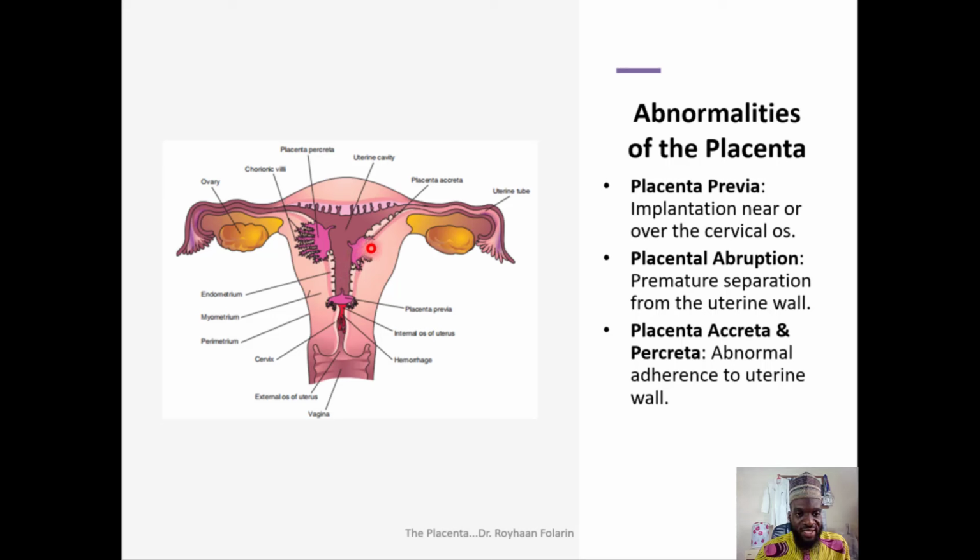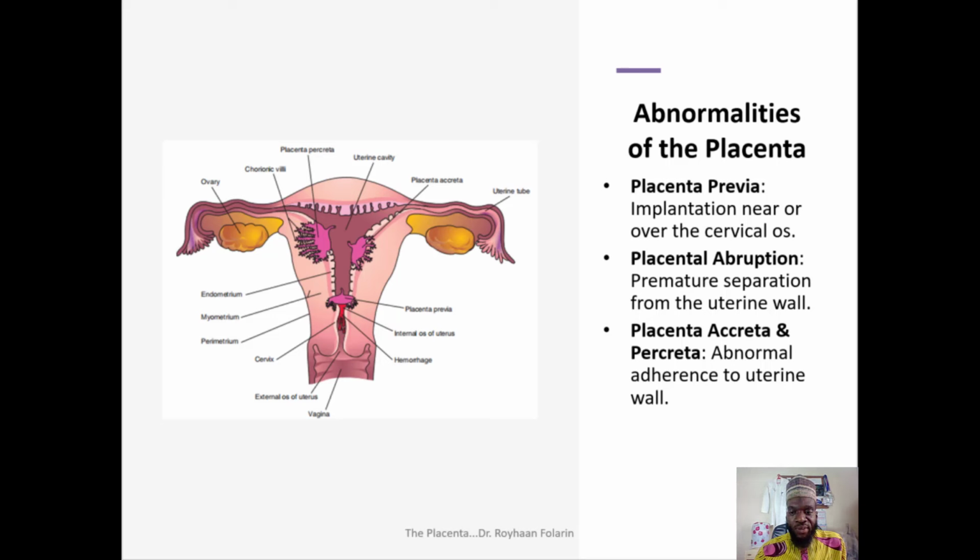In the case of placenta accreta, the chorionic villi are abnormally attached to the wall, to the endometrium. So that is placenta accreta.